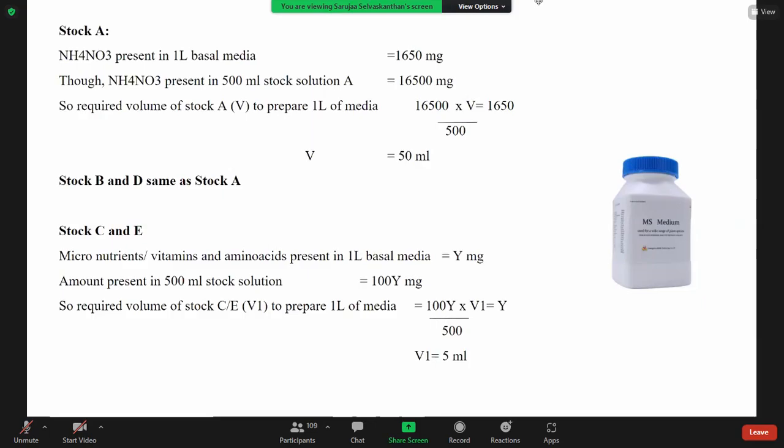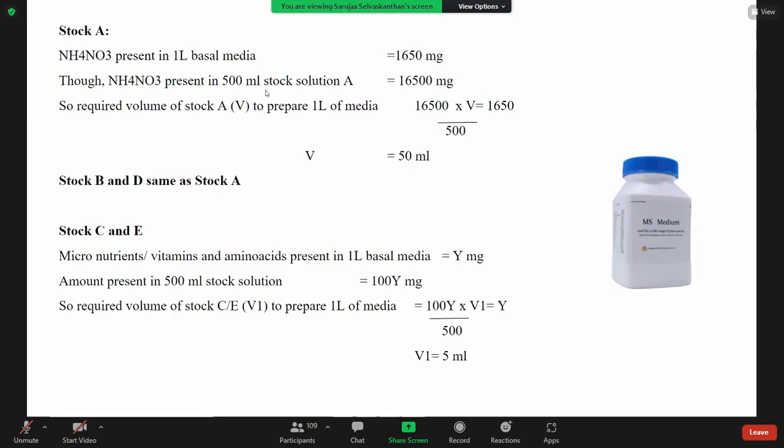For example, here we prepared stock solution A. Stock solution A contains ammonium nitrate, but 1 liter of basal media, the final formulation, should contain 1650 milligram. But what stock solution did we prepare? We prepared 500 milliliters of stock solution, right?